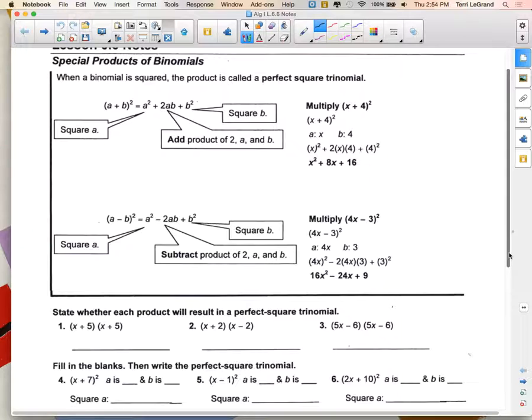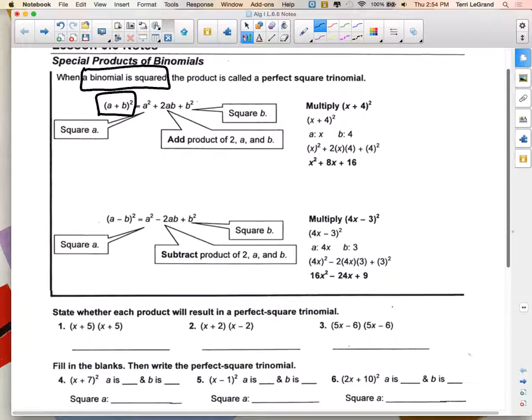So first thing I want us to do is I want you to put a box around when a binomial is squared. So in other words, it's a binomial times itself. And in our A and plus B and all this going on down here, this is exactly what they're talking about.